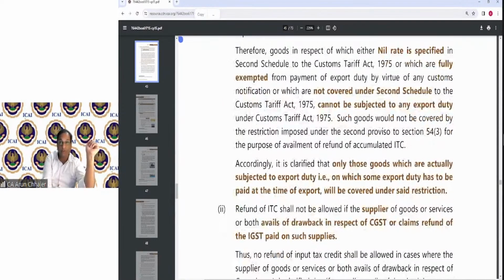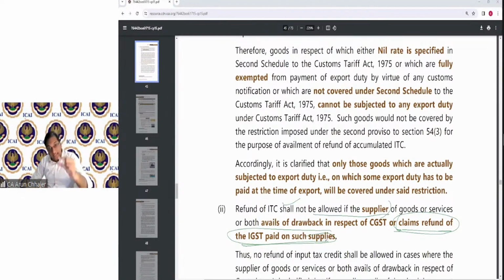Why no? See the reasoning. Refund of ITC shall not be allowed if the supplier has claimed the refund of IGST on such supply.